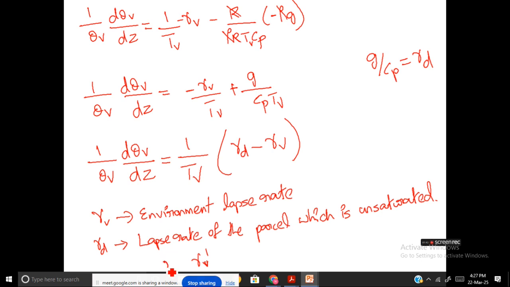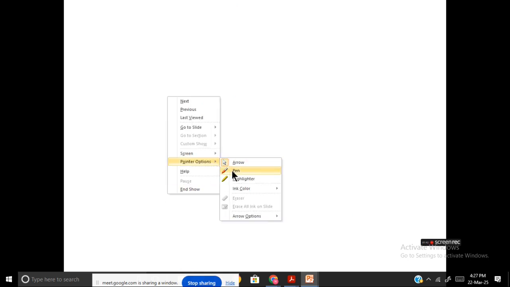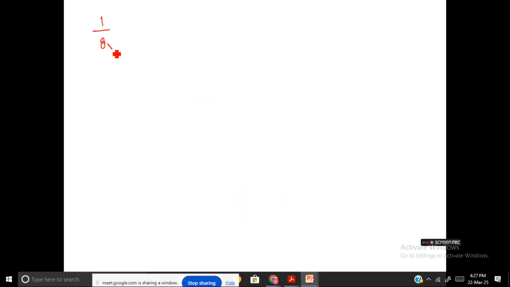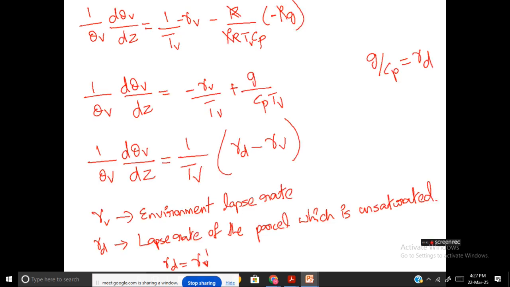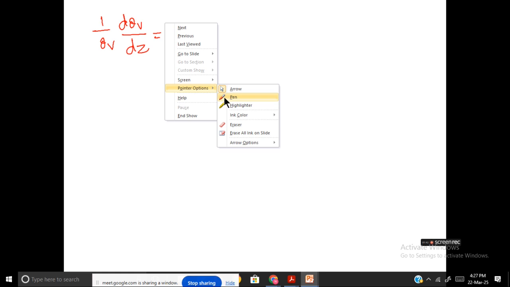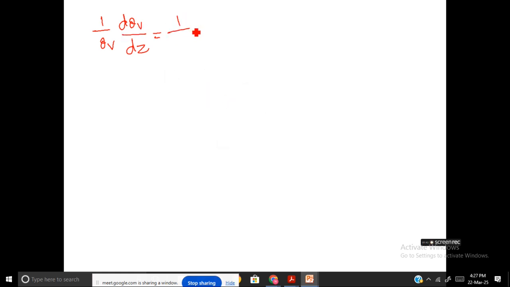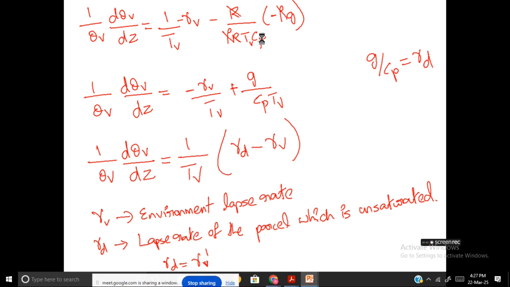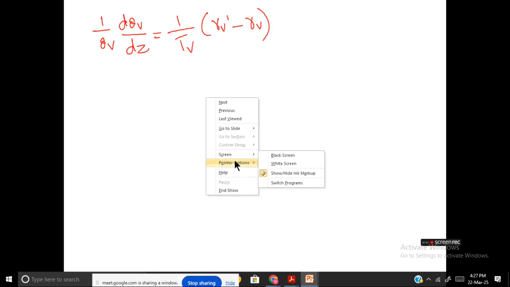Now we can rewrite this equation as 1 by theta V into d theta V by dz is equal to 1 by Tv into (gamma V prime minus gamma V).